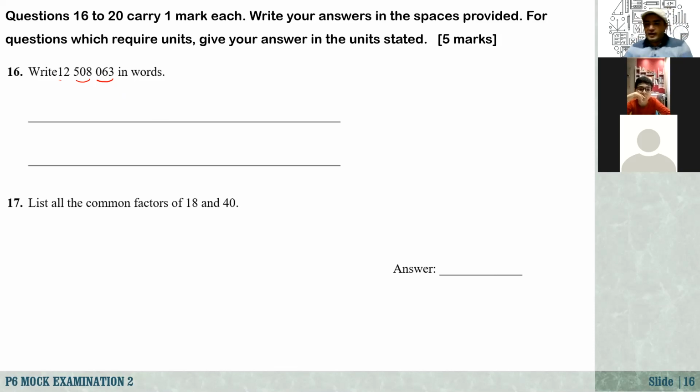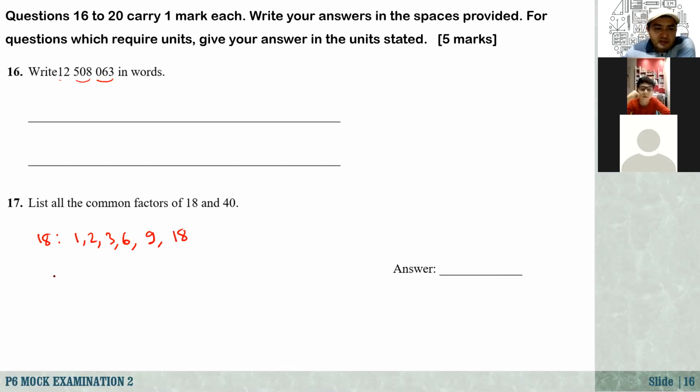And how about listing all the common factors of 18 and 40? When we say factor, we know that it is a number that divides another number without leaving any remainder, right? So what are the factors of 18? 1, 2, 3, 6, 9, 18. Okay.